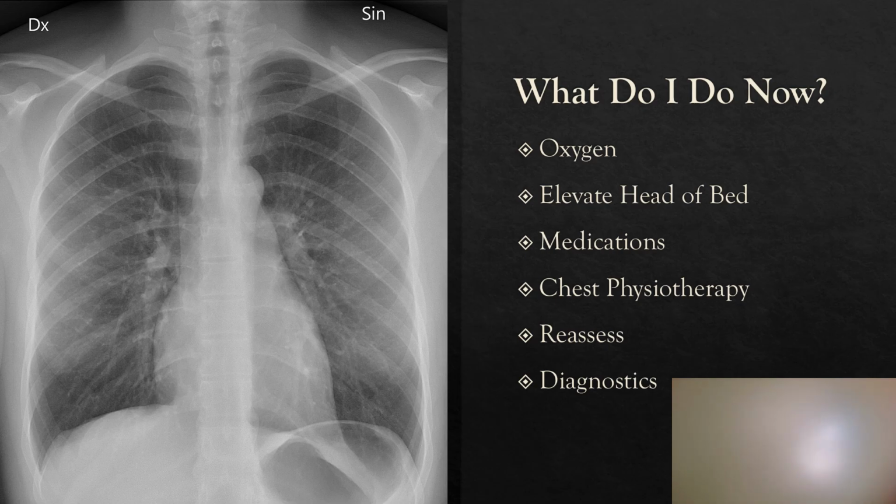Reassess. Always reassess, especially after you've done any type of intervention. Some of the diagnostics that we may do would be the oxygen saturation, doing that simple respiratory rate and rhythm, a chest x-ray, or other imaging such as a CT scan or MRI.